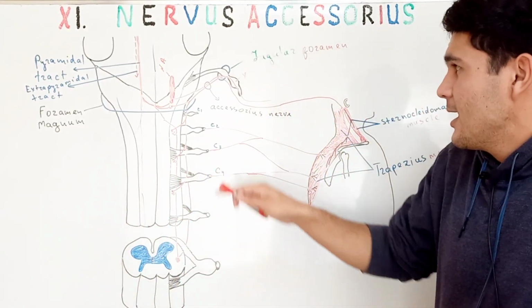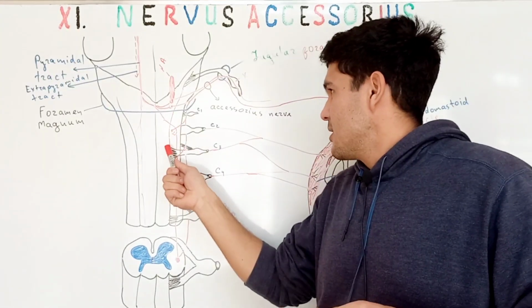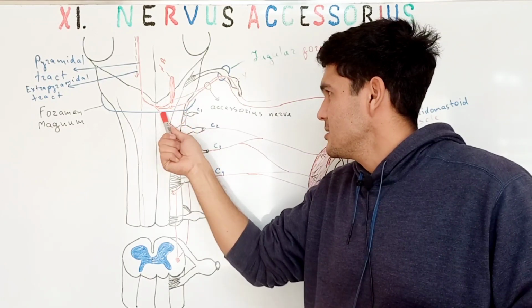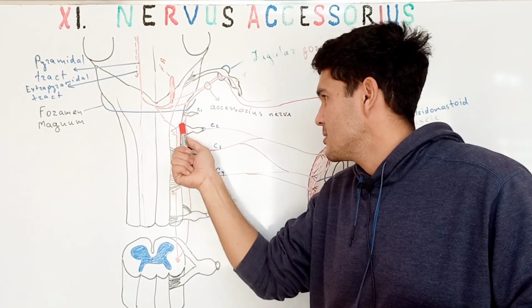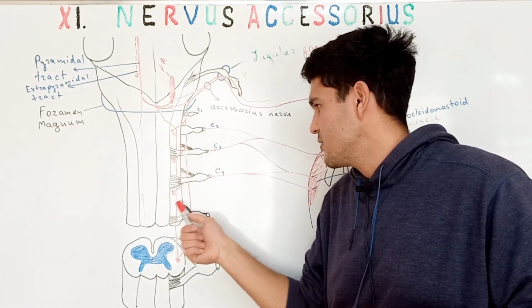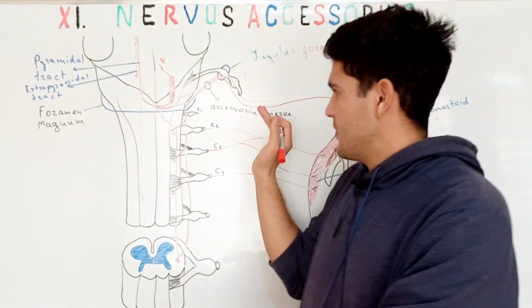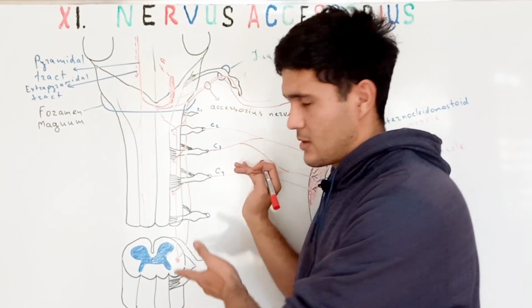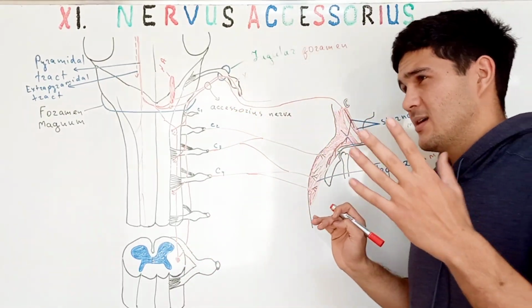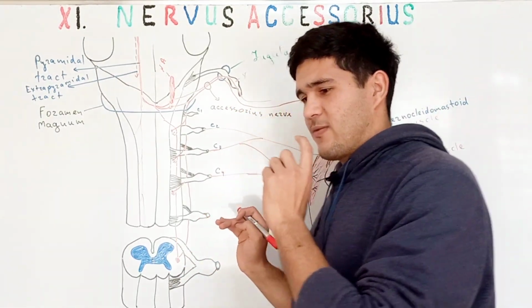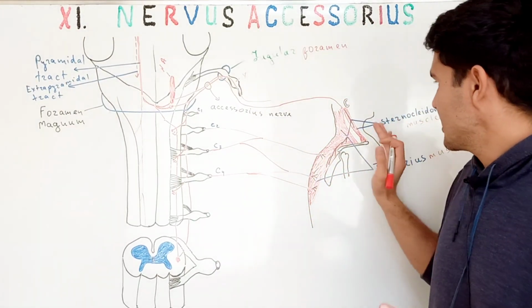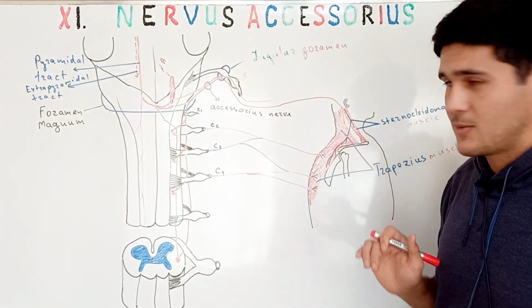Okay, now the next fibers are connected with the alpha motor neurons and the C2, C3, C4, C5, C6 motor neurons, and so on. All of these fibers from C2 to C6 or C5 are responsible for contracting the sternocleidomastoideus and trapezius muscles.